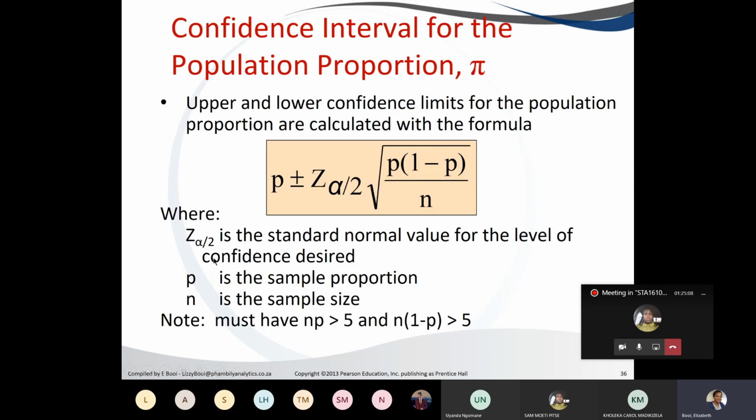The formula is the point estimate, which will be your sample proportion, plus or minus the critical value, Z alpha divided by 2, times the standard error. Because we are given the sample statistics, we use the sample proportion times 1 minus the sample proportion, divided by n.